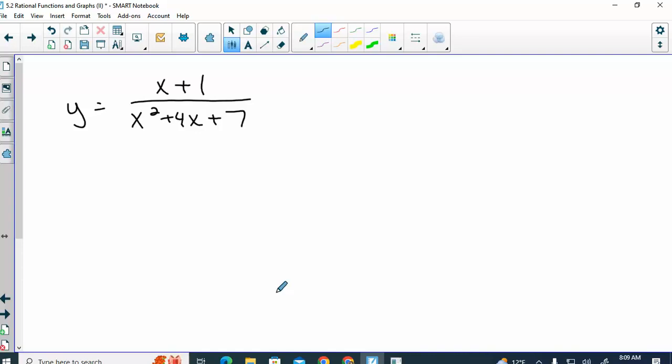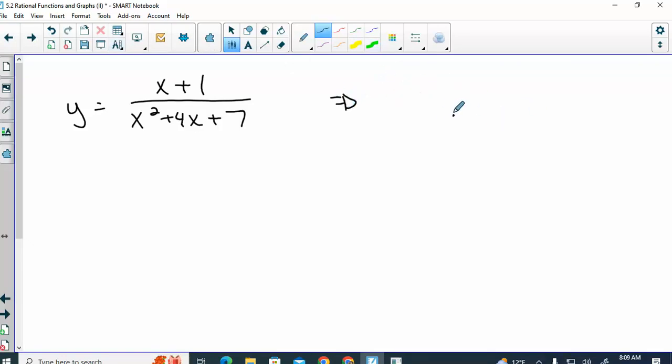So here is what we are looking at. When I have this polynomial, what is the degree of the top? 1. What's the degree of the bottom? 2. So on this slide, we wrote down that if the top degree is smaller, it's an automatic what? Y equals 0. Here's why.